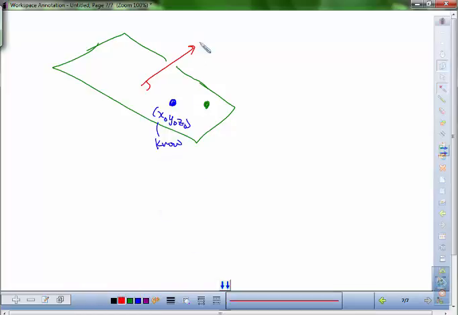We have a vector, let's call it n, or let's call it capital A, capital B, capital C, and we know this also. So we know the point and we know the perpendicular vector. I call it n, by the way, because sometimes we say normal for perpendicular, so this is your normal vector that we know.